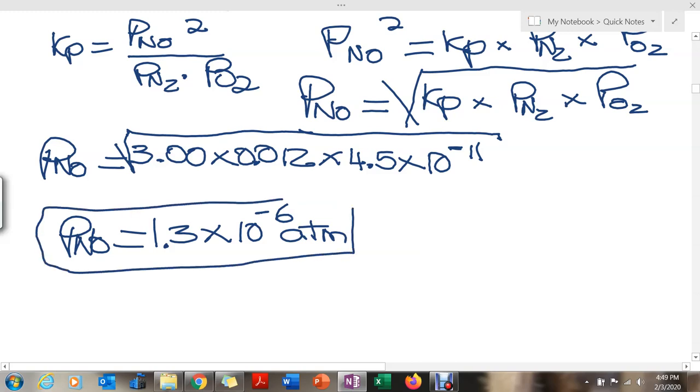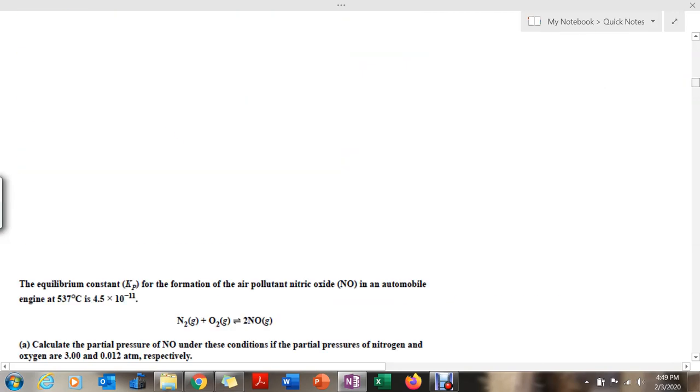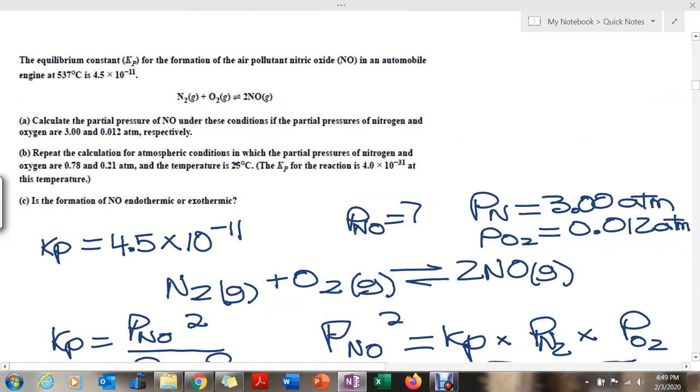Now, the second part of the problem says repeat the calculation for atmospheric conditions in which the partial pressures of nitrogen and oxygen are 0.78 and 0.21 and the temperature is 25 degrees Celsius.